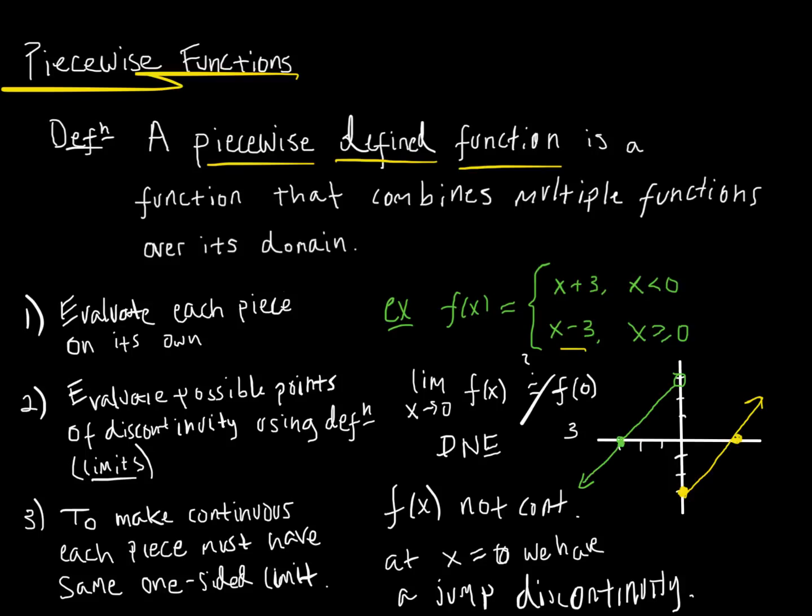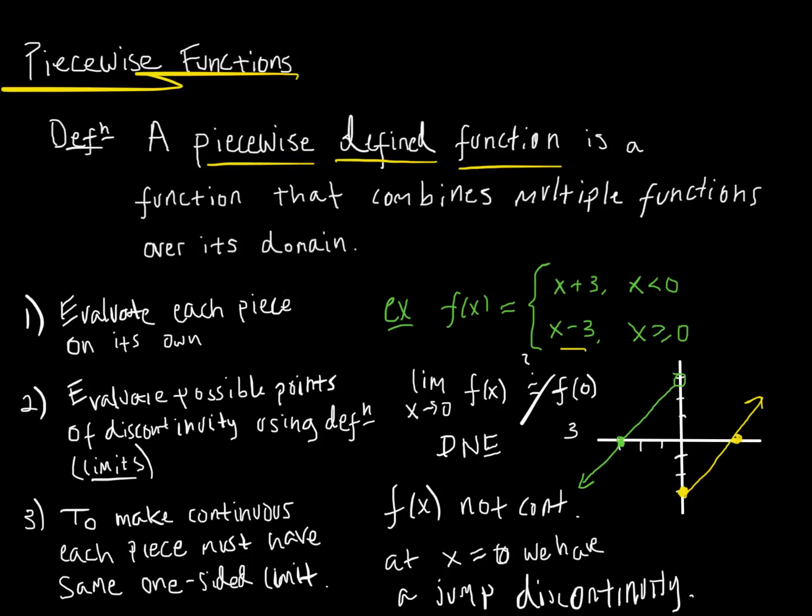So once we've identified those, step 2 is going to be to evaluate those possible points of discontinuity using the definition. Always when we're evaluating something like discontinuity, we go to the definition of continuity and test it. Does it fulfill all of the criteria in the definition? So we're going to use limits here.